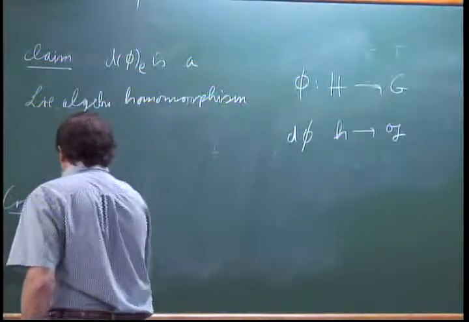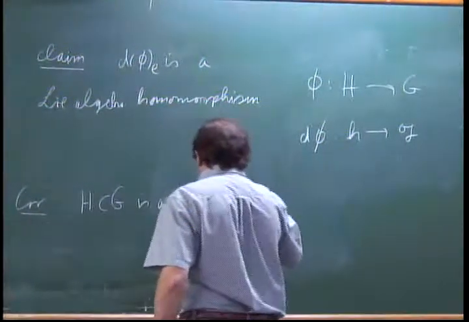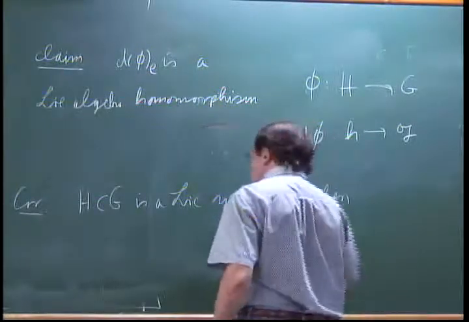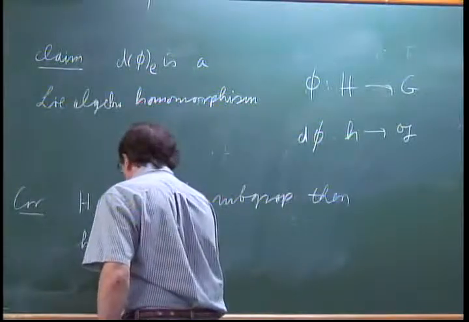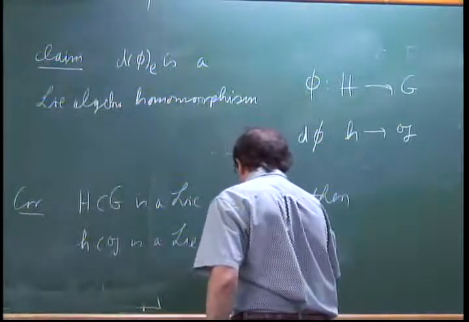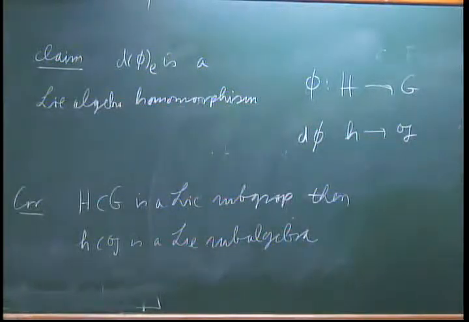Again, before I come to the proof, a corollary: if H contained in G is a Lie subgroup, then the Lie algebra of H is a Lie subalgebra of the Lie algebra of G, in the sense of Lie algebras.